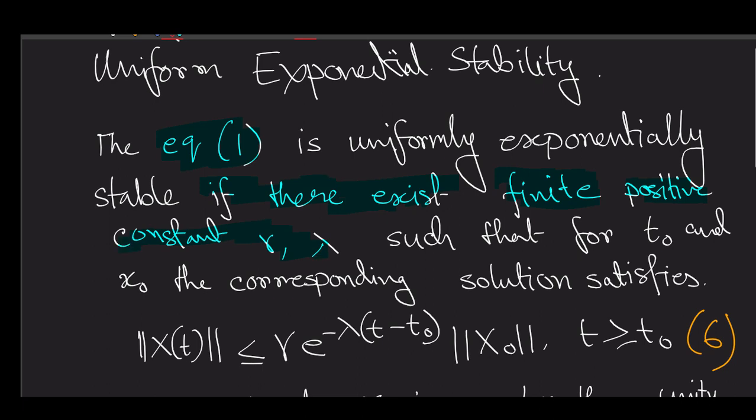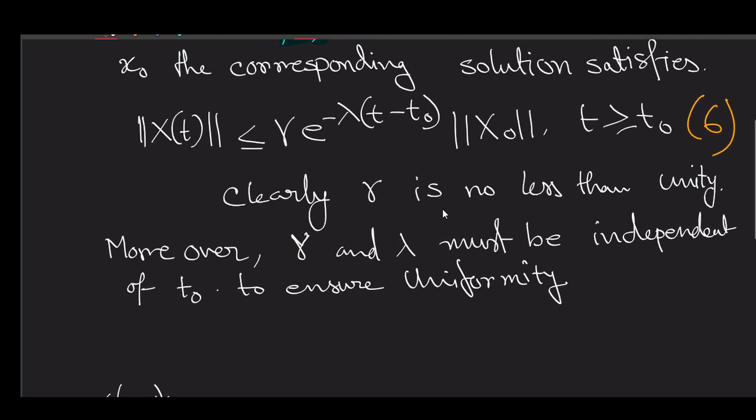Sometimes, instead of writing there exist, I will use this symbol, a mirror image of E, which also stands for there exist, such that for any t0 and x0 the corresponding solution satisfies this equation, that is equation 6. Clearly gamma is no less than unity. Moreover, gamma and delta must be independent of t0 to ensure uniformity.